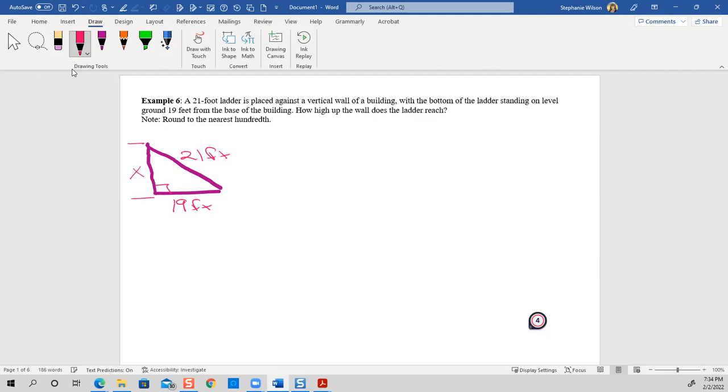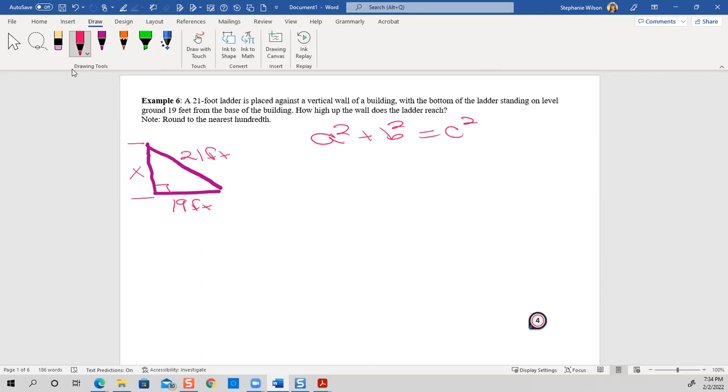All right, so we got what we need. What we need to do is plug in the information into our equation, called the Pythagorean theorem for the right triangle.